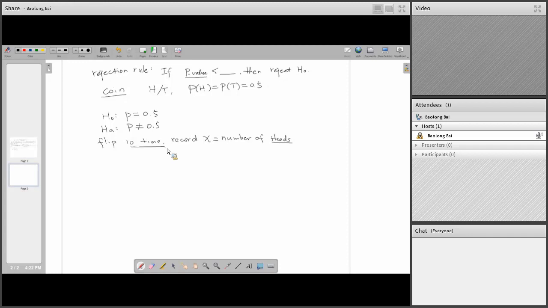So then you understand X could be 0, 1, 2, 3, 4, 5, 6, 7, 8, 9, 10, right? X could be anything. You can observe any value as X between 0 and 10. Okay? So then, for example, in scenario 1, if we observe X equal to 5, then what's our conclusion? Are we going to say the coin is fair or the coin is not fair?